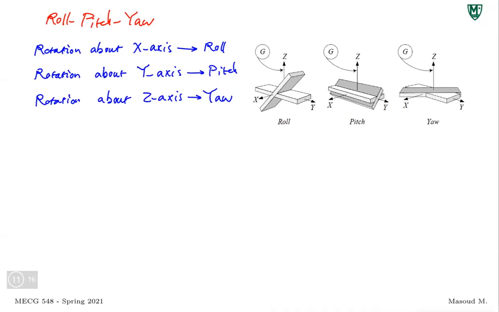If you take advanced dynamics, that's where it comes into play, and it has a more important role in analyzing motions in three-dimensional space. Here in this course, we really don't need it. And that's the concept of Euler's angles.